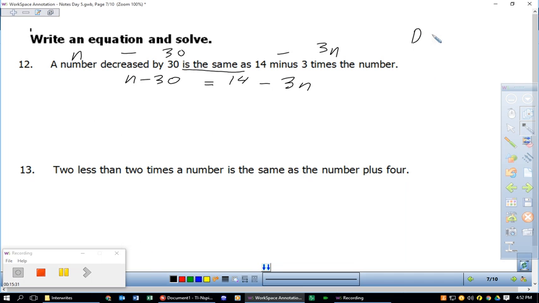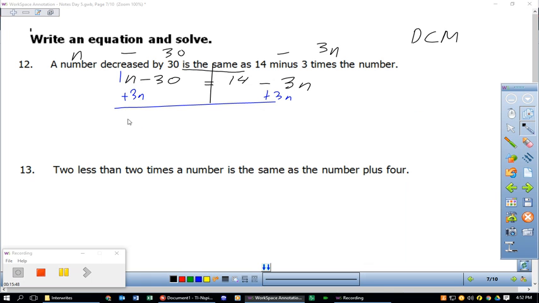No. Combine like terms? Not if I draw the line here. Move variables? Yes. I'm going to add 3n to both sides. So that's 1n plus 3n for 4n. 4n minus 30 equals 14.